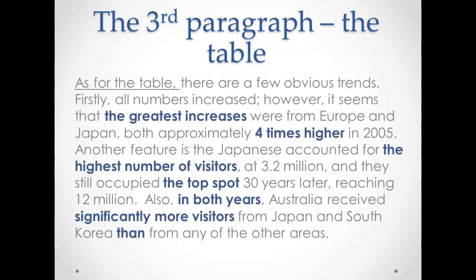Another feature is the Japanese accounted for the highest number of visitors at 3.2 million, and they still occupied the top spot 30 years later, reaching 12 million. Also, in both years, Australia received significantly more visitors from Japan and South Korea than from any of the other areas.